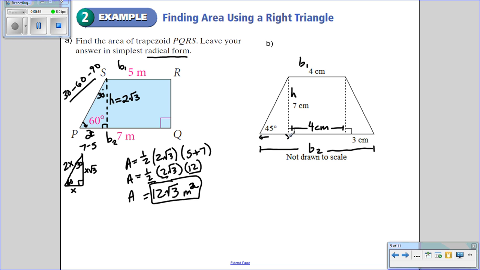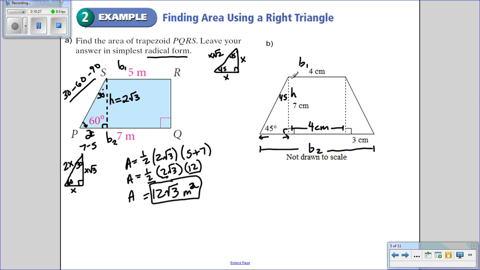Now if you notice, this triangle, whether it looks like it or not, has to be a 45, 45, 90 right triangle, because if that's 45 and that's 90, this other angle has to be 45. So let's recall the 45, 45, 90 right triangle. The two legs are the same, because it's an isosceles triangle, and the hypotenuse is the leg times radical 2.